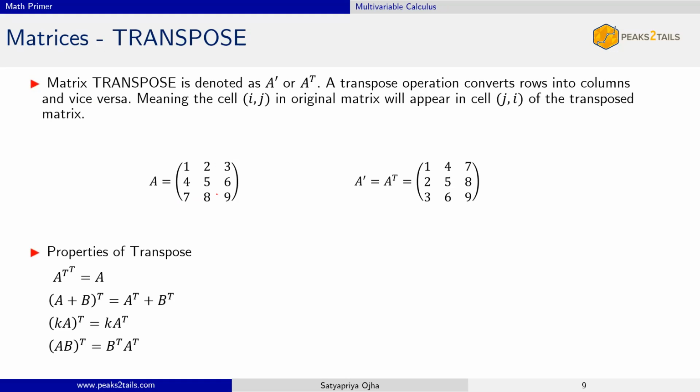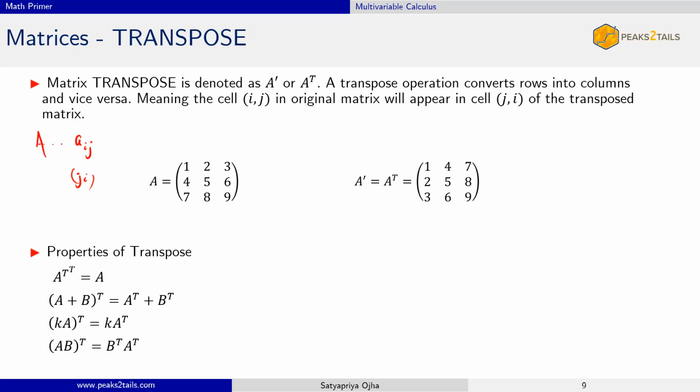Transpose is a very useful operation, right? What it does is basically your rows become columns, columns become rows. That's all. So the a_ij entry in the original matrix will appear in the j-i position after transpose.